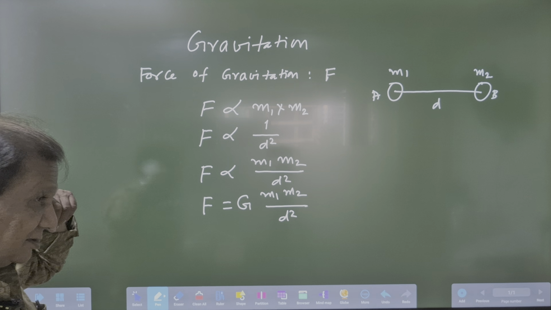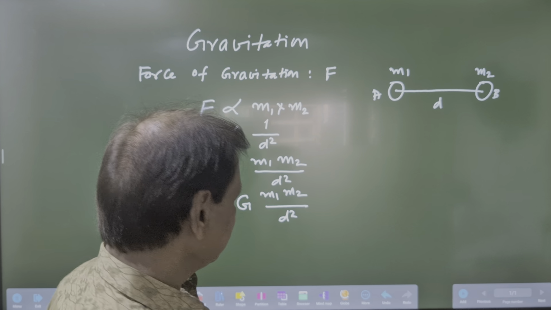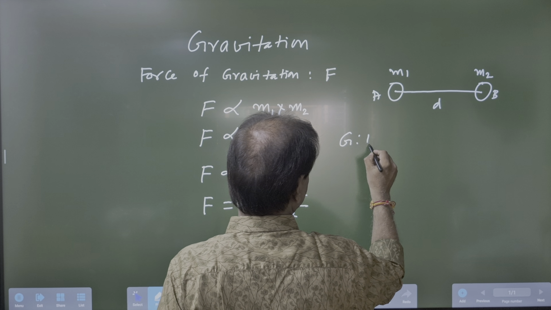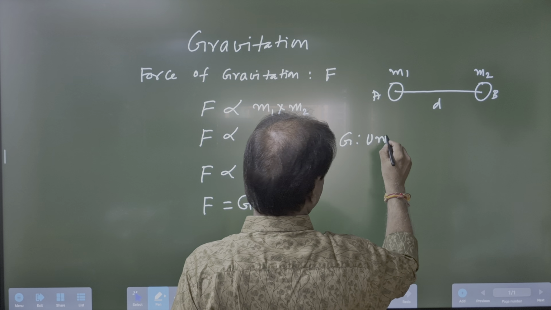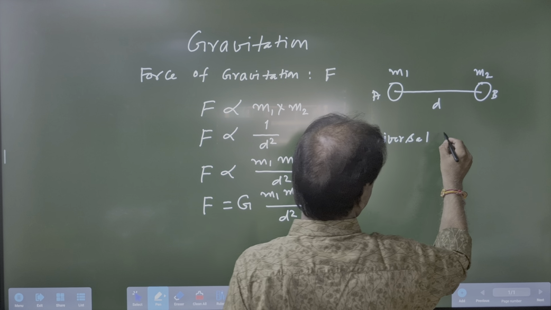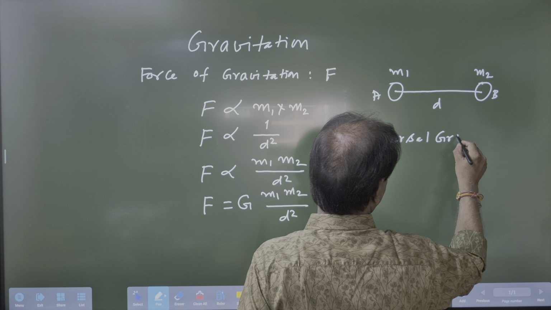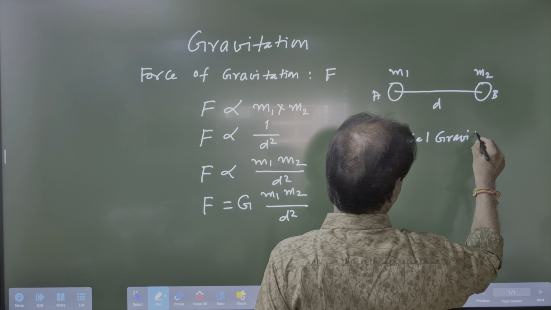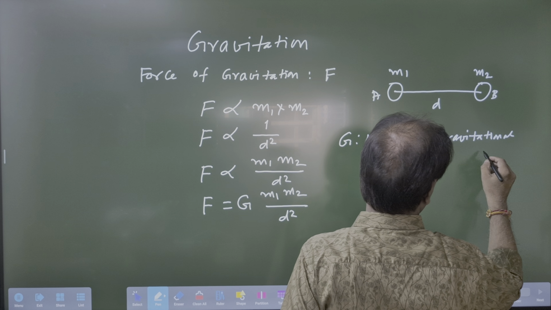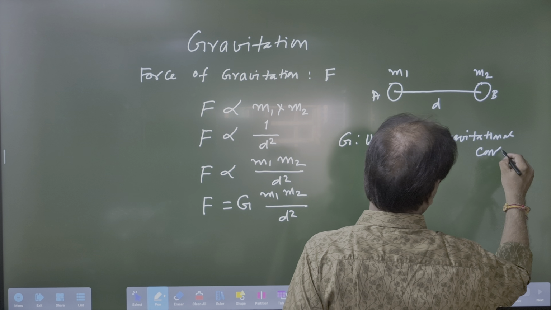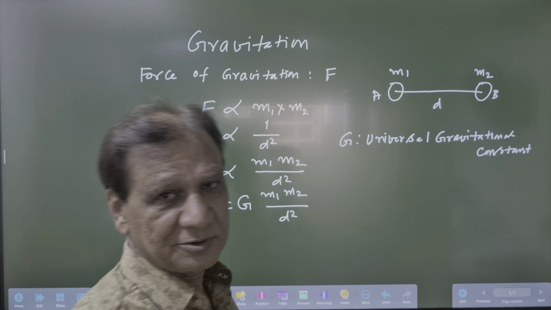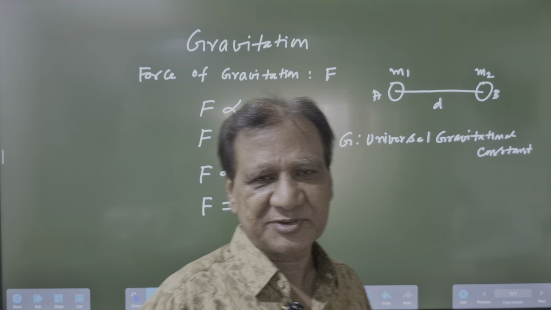This G is the universal gravitational constant, which means it is applicable to all objects in the universe, not only with Earth.